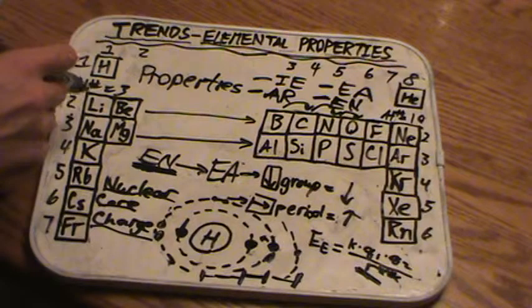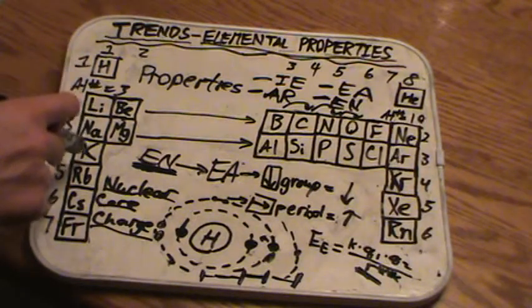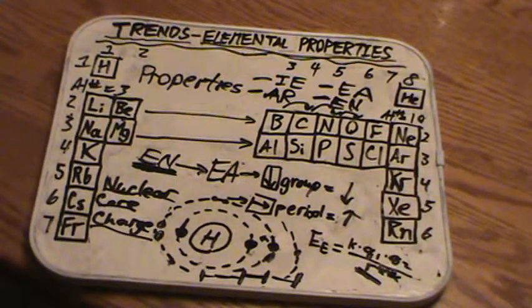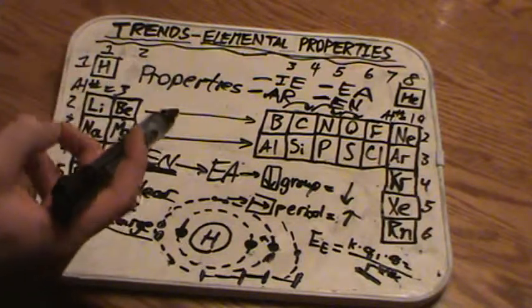So we know that it will attract electrons easier than sodium, easier than potassium, because as the radius gets bigger, the ability to attract gets smaller.